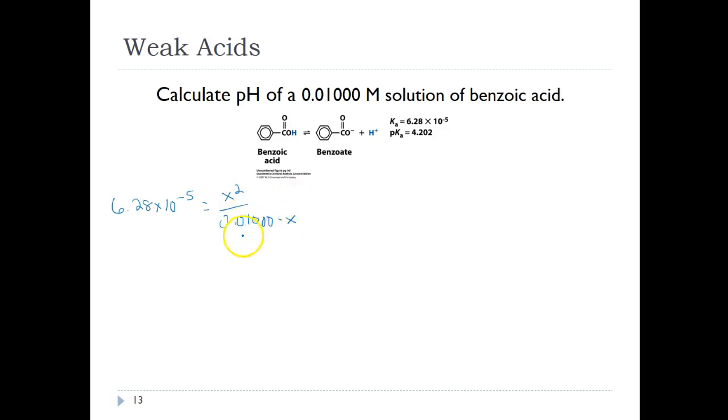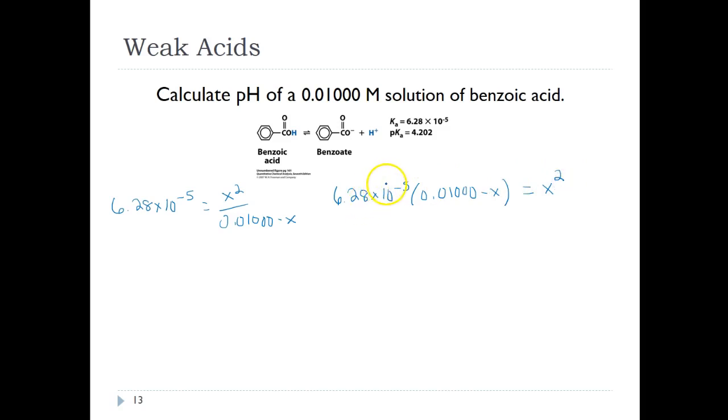So trying to get it into the 0 equals ax squared plus bx plus c form, I am going to pretty much cross multiply. I'm going to multiply 0.01000 minus x to both sides. So 6.28 times 10 to the negative fifth will be multiplied by 0.01000 minus x, and that is equal to x squared.